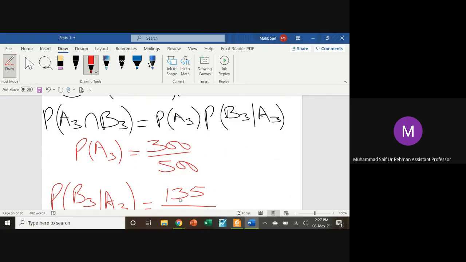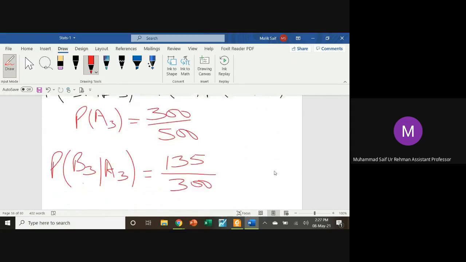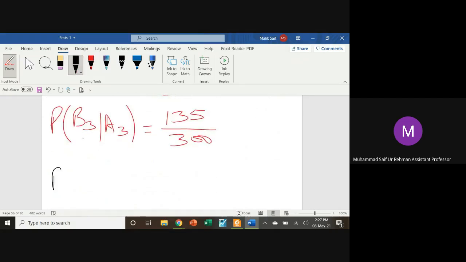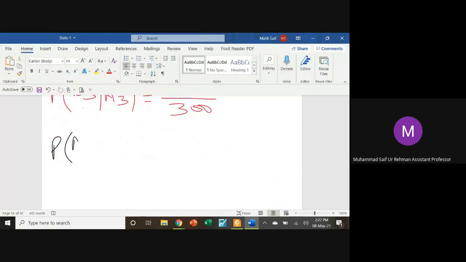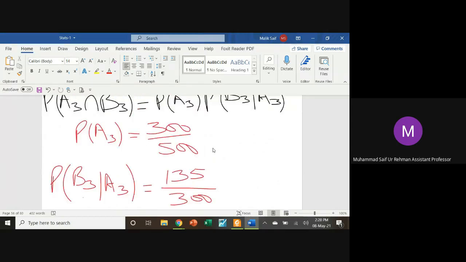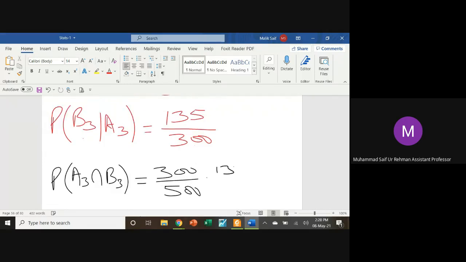Now you have this value as well as this value, so you can simply multiply these two values. When you multiply, see what the answer is. Answering this part B, the probability of A3 intersection B3 is equal to 300 divided by 500, which is 0.6, multiplied by 135 divided by 300.